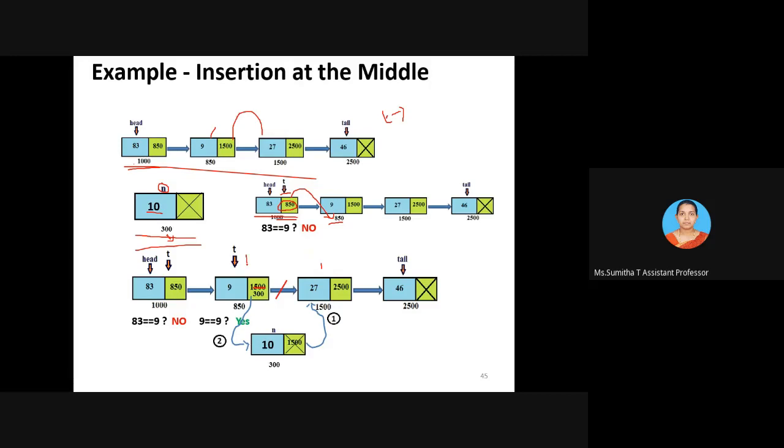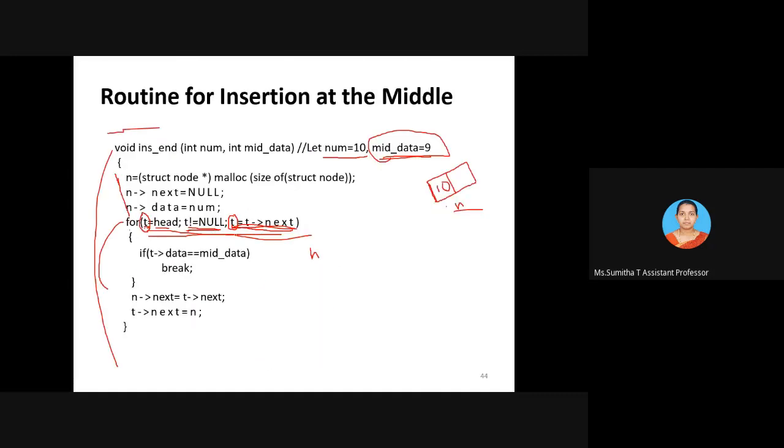In the third iteration also, t next is here. It moves to the address of the next node. So this is the process happening in the for loop: start with the head node, end with the tail node, and each node is incremented with the help of t arrow operator next. Is the for loop clear, everyone?